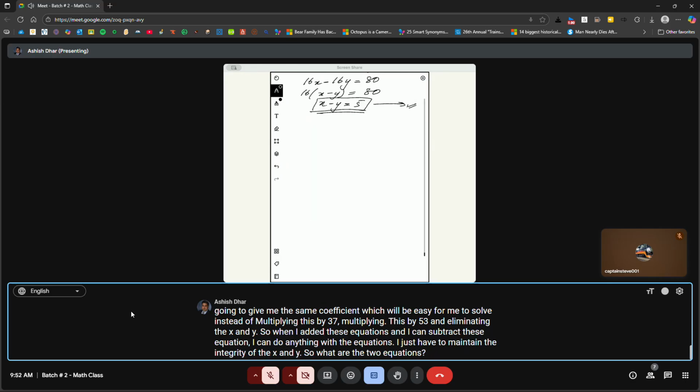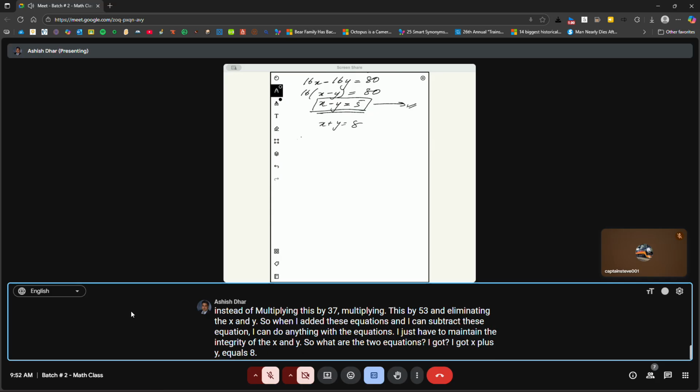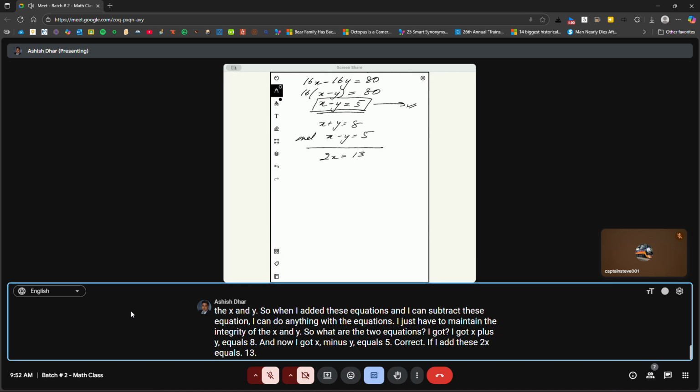So what are the two equations I got? I got x plus y equals 8. And now I got x minus y equals 5. Correct? If I add these, 2x equals 13. So what is the x value? 6.5. Correct? Is that right or no?